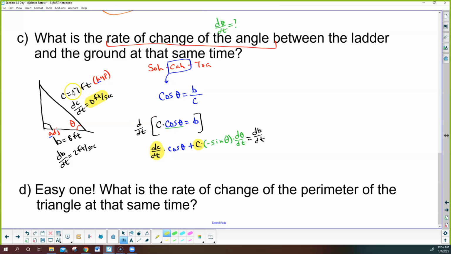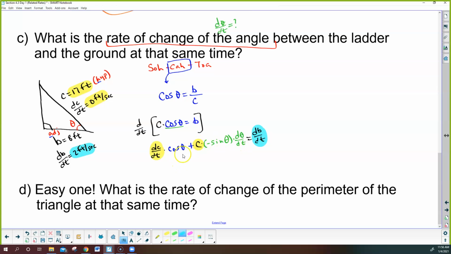I know what the c value is. The c value is 17. I know what dB dt is. That's 2. The only thing that's missing, I want to find d theta dt, the rate at which the angle is changing. But I don't know what theta is.